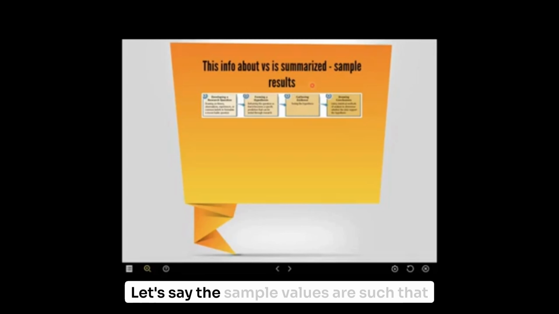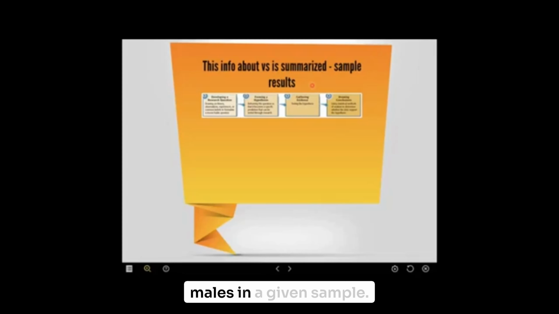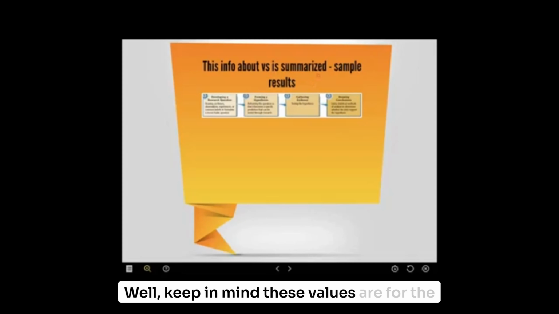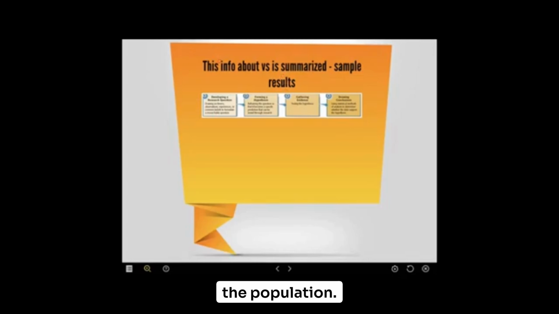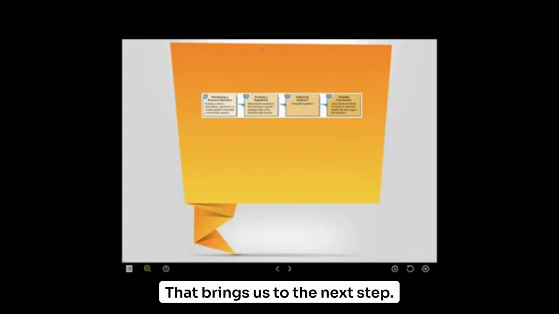Let's say the sample values are such that females have memory of 10 points more than males in a given sample. Well, keep in mind these values are for the sample. These are sample results. You need to be able to make conclusions about the population, right? That brings us to the next step.